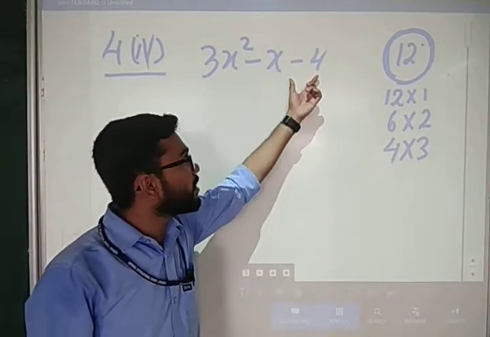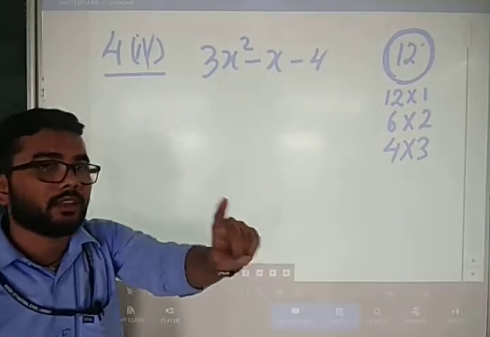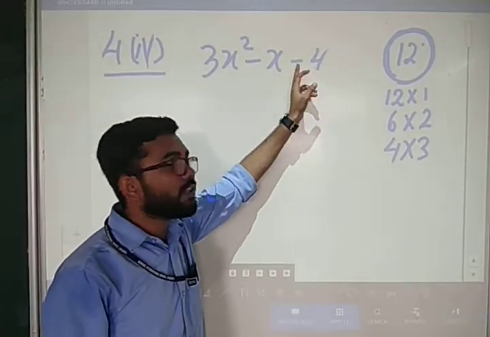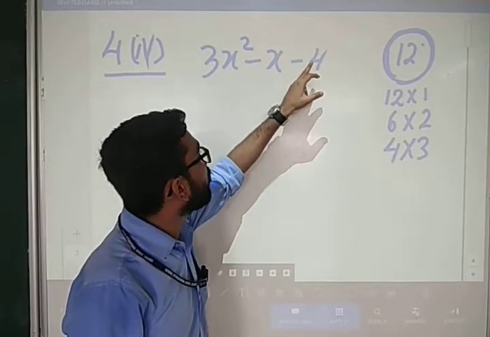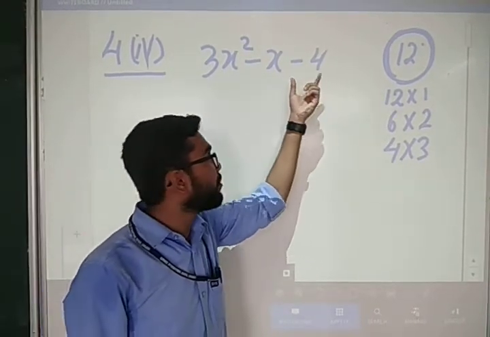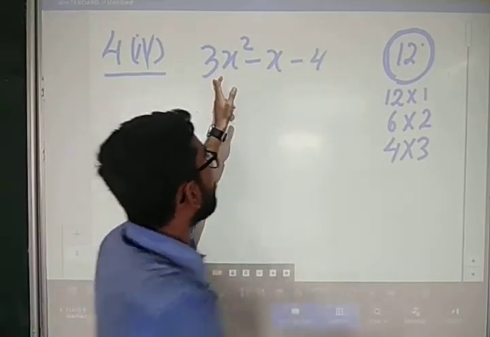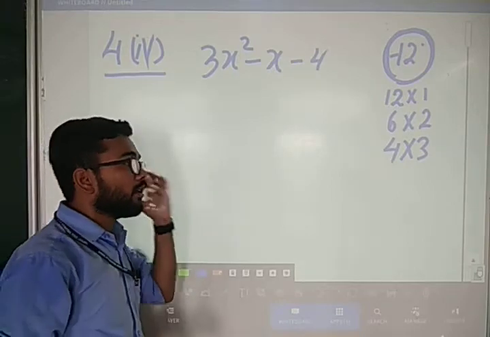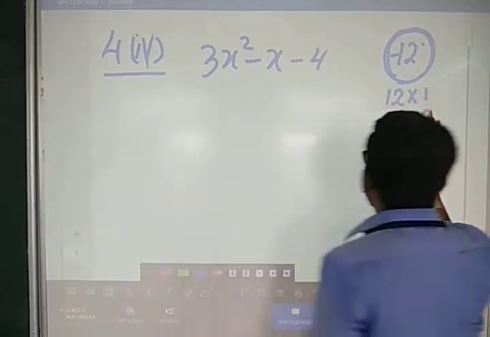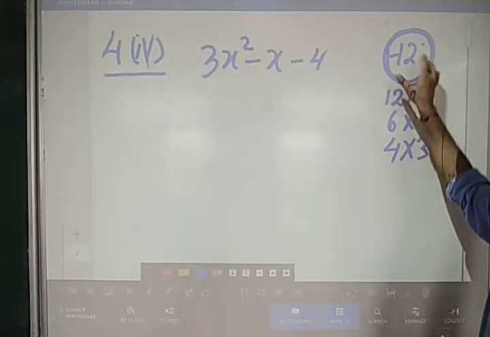But here the constant is minus 4. Listen, the constant is what? Minus 4. So you need to multiply not only with 4, you need to multiply minus 4 with 3. So you will get what? Minus 12. Now, are these the terms only for the factors of 12?